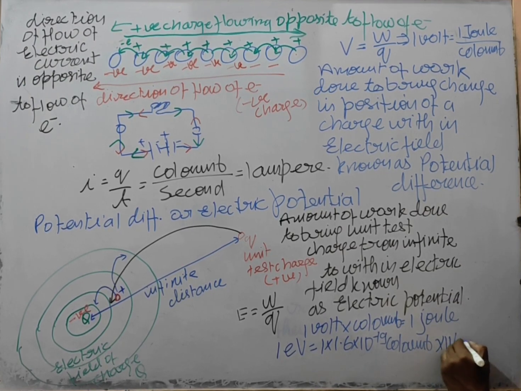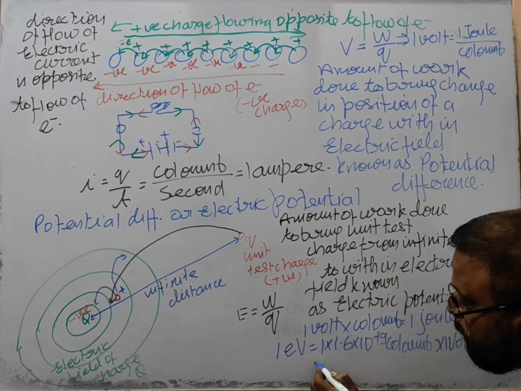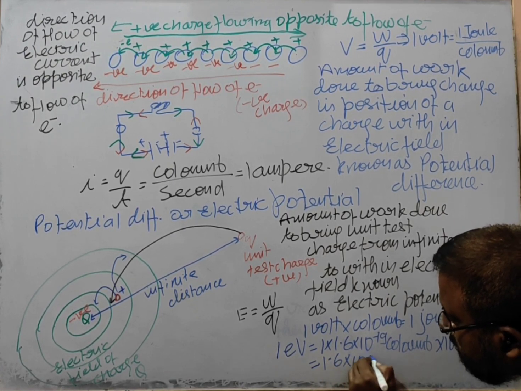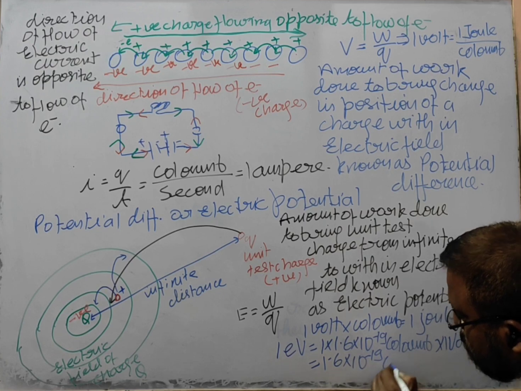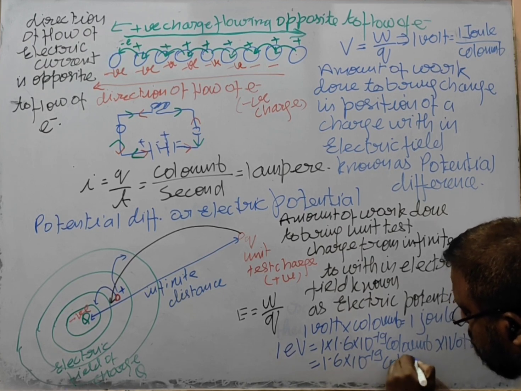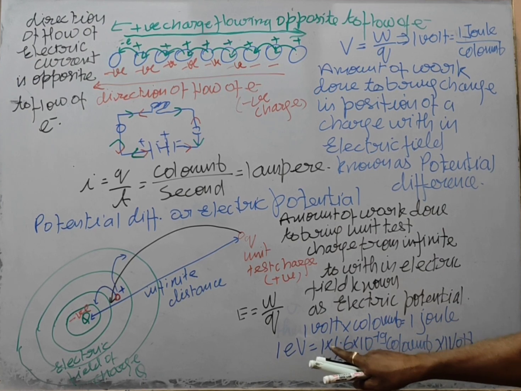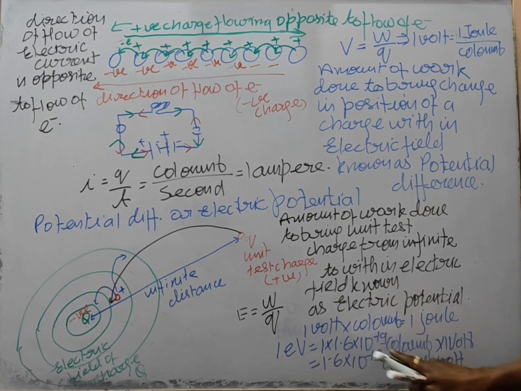Then this 1 will be multiplied and you get 1.6 into 10 to the power minus 19 coulomb volt, right?